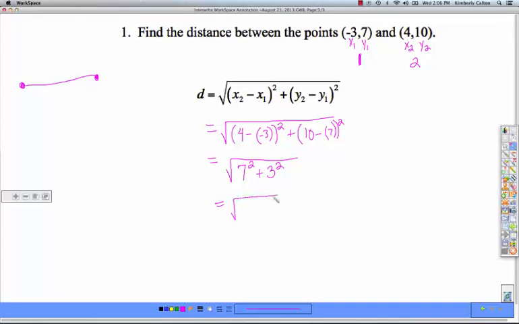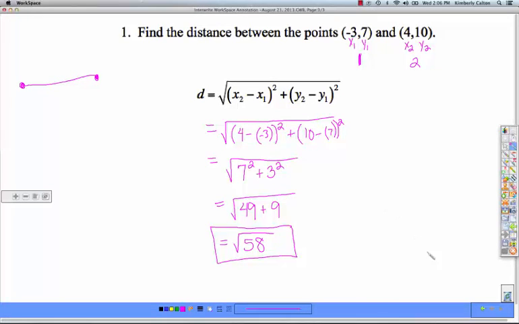So now we have 7 squared, which is 49, and 3 squared, which is 9, which gives me a grand total of 58. Now, please notice this is my answer. When you show your work for your written assignments, your work should look like my work. Notice that everything is nice and lined up, and the final answer is boxed.